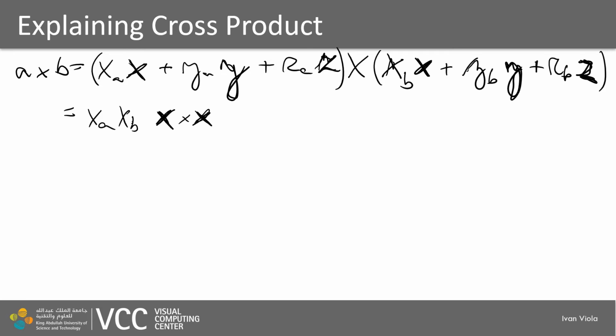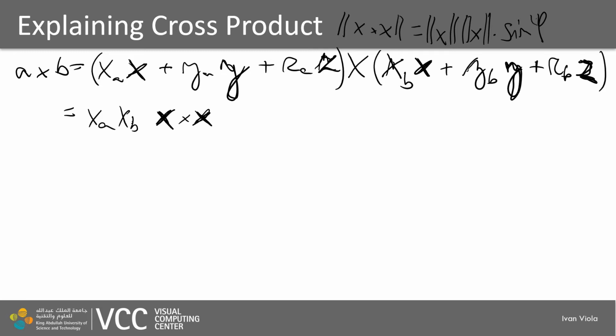The magnitude of X cross X is equal to the magnitude of X times the magnitude of X times sine phi.